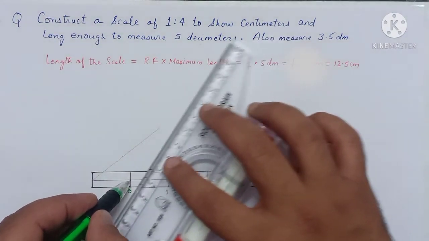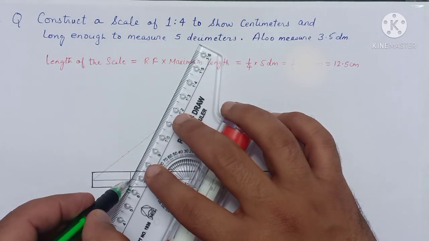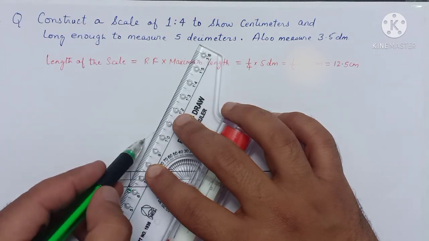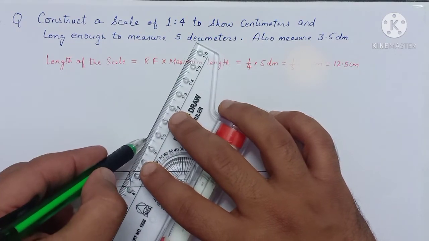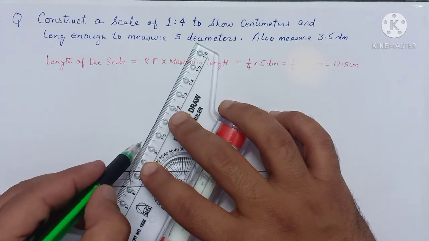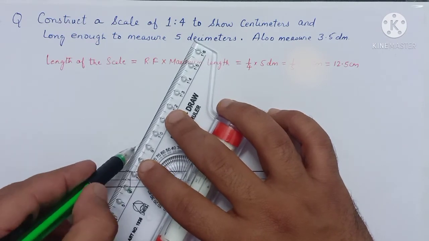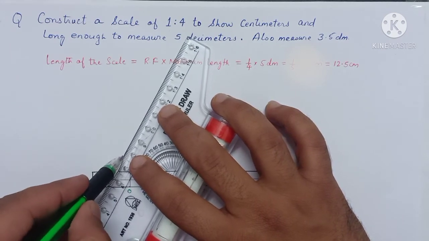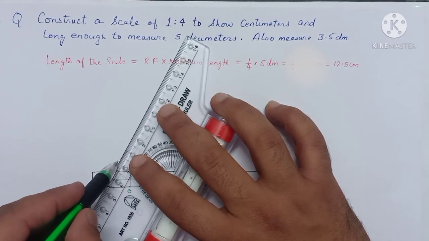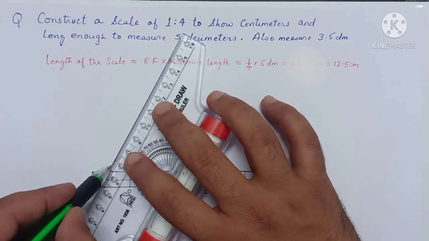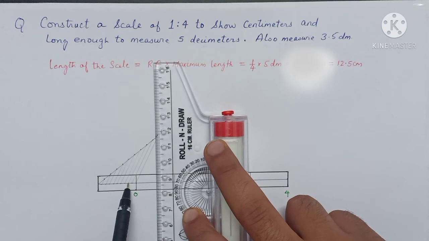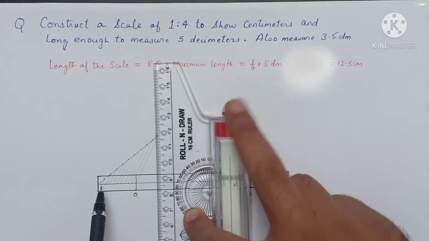Now connect the last division with the end point and draw parallel lines from each point. Now we can draw vertical lines from these points to get the centimeter marks.